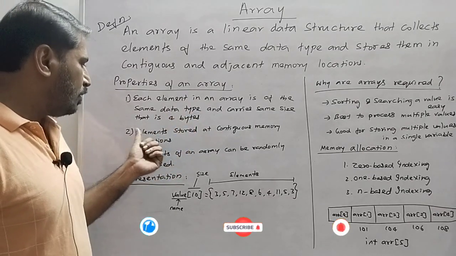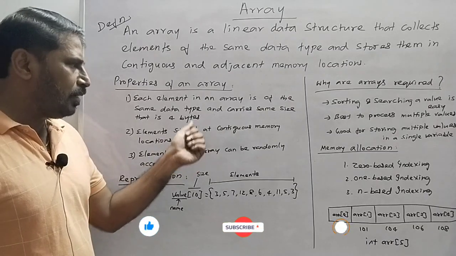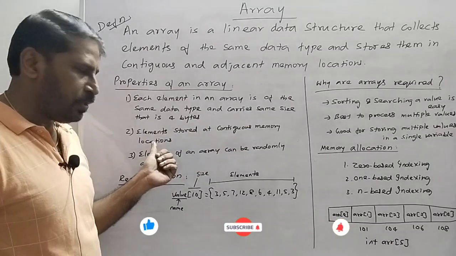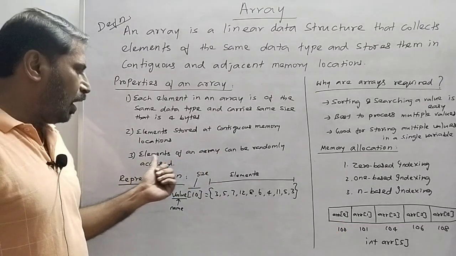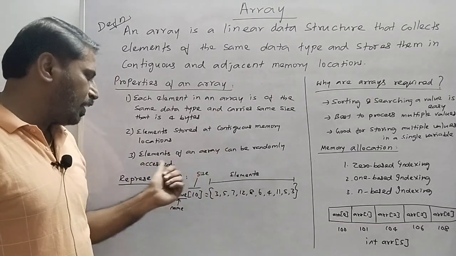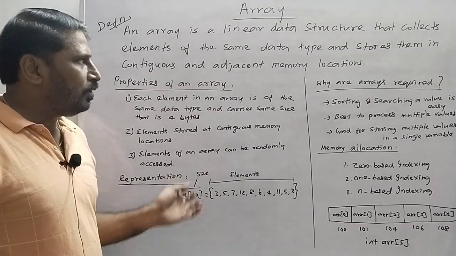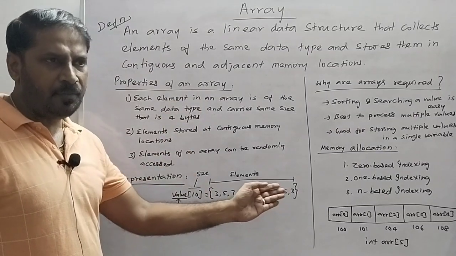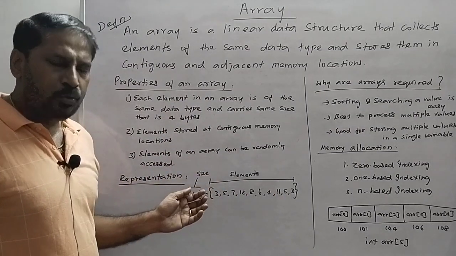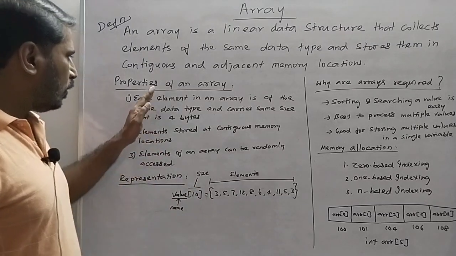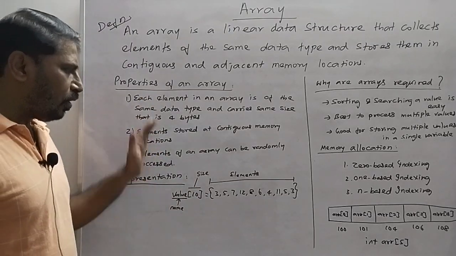Then the second one is elements stored at contiguous memory locations. And the third important property is elements of an array can be randomly accessed. Even though it is stored in a linear way, we are able to access it randomly through a program. Okay. So, these are the three important properties of an array.